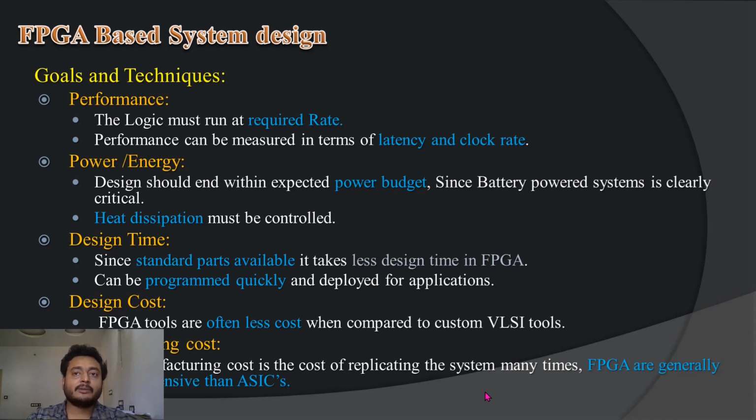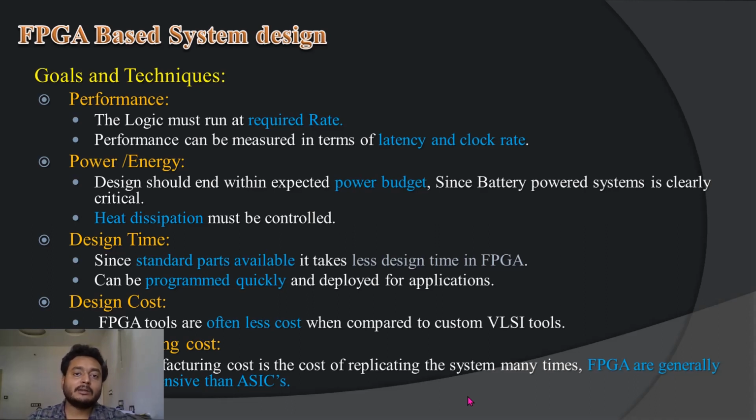As I told you in the previous discussion on ASIC versus FPGAs, when you want to go for a small number of designs, you can go for FPGAs. It will be cheaper compared to ASICs. Instead of doing the actual ASIC, you can just use FPGAs.